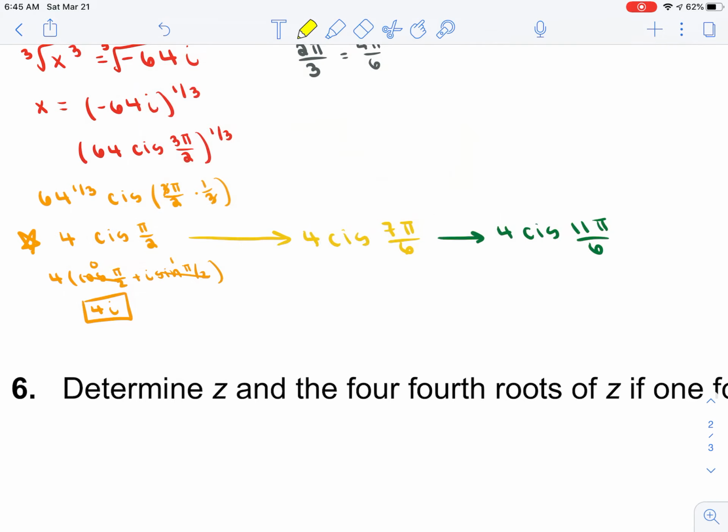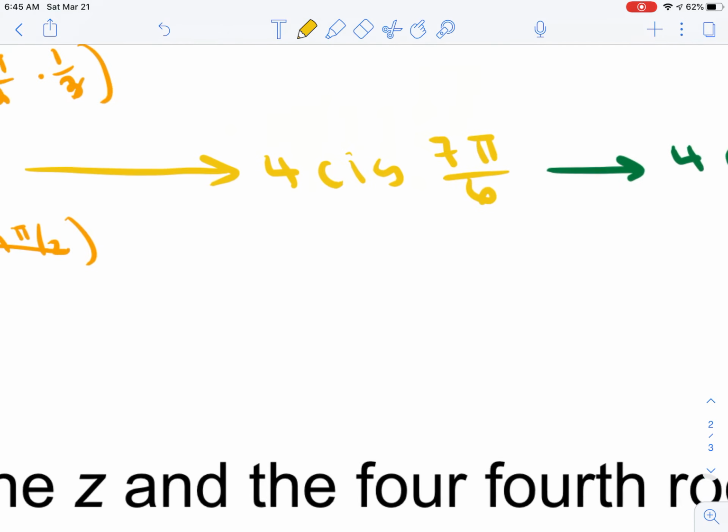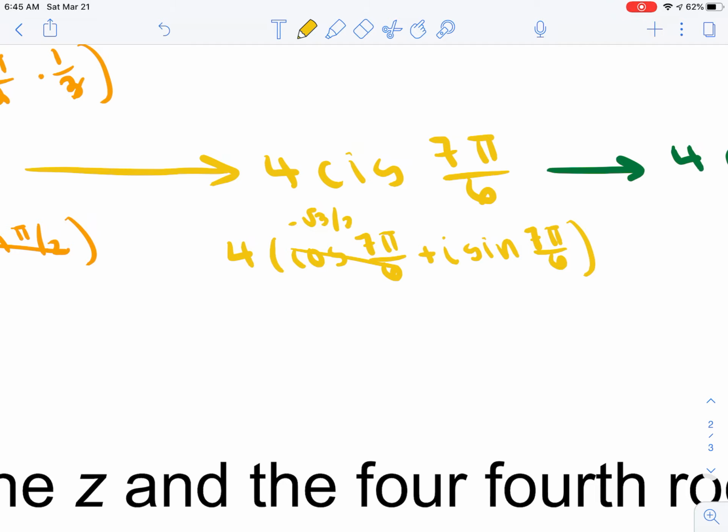With the yellow, oh, I didn't use that yellow, I used this one. We can think of this as cosine 7 pi over 6, i sine 7 pi over 6, 7 pi over 6, negative root 3 over 2, negative 1/2.